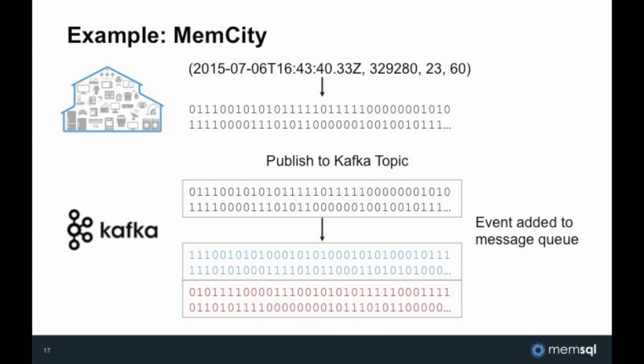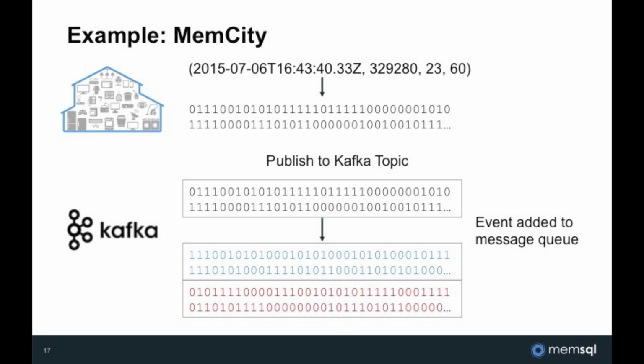You can see this in the top step up here. This is the record coming in. It looks like a timestamp, a house ID, a device ID, and some amount of power consumed. But you wouldn't know that just from looking at this record. It's very minimal at this point.